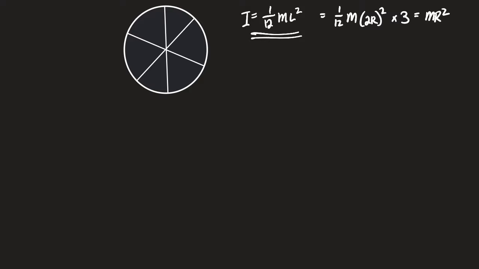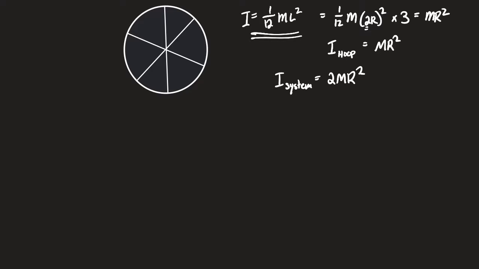In addition to that, there's the moment of inertia of the hoop, which is just mr squared, which gives us a combined moment of inertia of the system as 2mr squared.